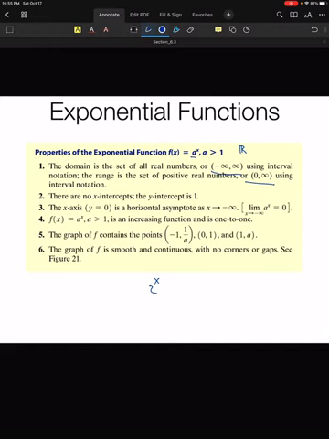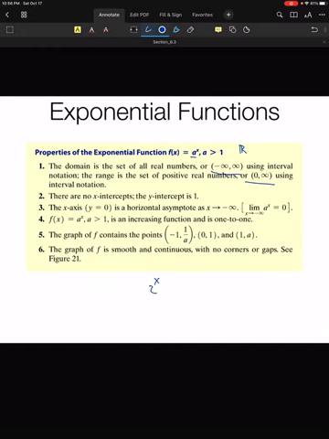It contains an infinite number, but it is assuredly going to contain the points satisfied here: -1, 1 over a, 0, 1, and 1, a. Okay, and then number 6 is not really going to be important to us, but it would be in something like a calculus class. The graph of f is smooth and continuous with no corners or gaps.